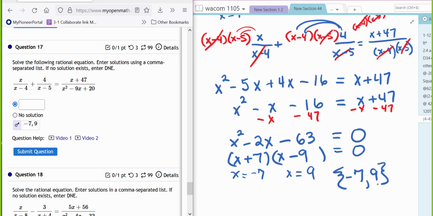So if that 9 was actually a 5, then the only answer would be negative 7? Correct. Okay. And then one more question. With the double negatives, like the x squared minus 2x minus 63, when you factored it, that negative, you said it goes with the higher number. Is it always like that? When it is a trinomial that has a leading coefficient of 1, that is true.